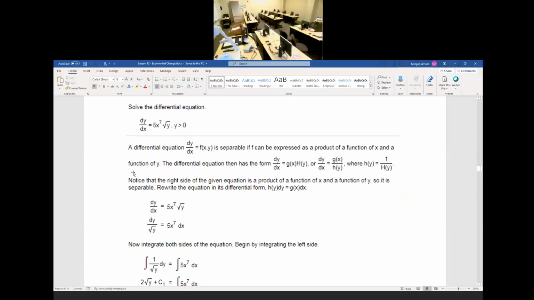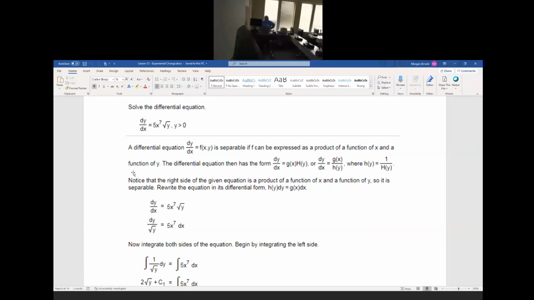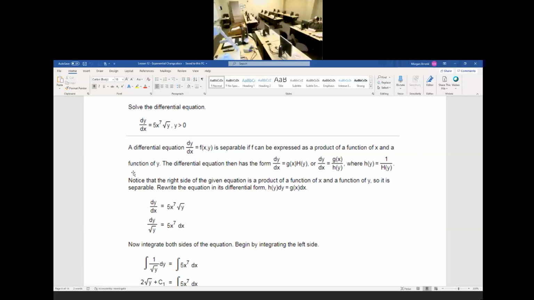A differential equation dy over dx equal to f of x and y. In other words, your function is in terms of two letters, not one. A differential equation in this form is separable if f can be expressed as a product of a function of x and a function of y. Let's put this in more common terms.